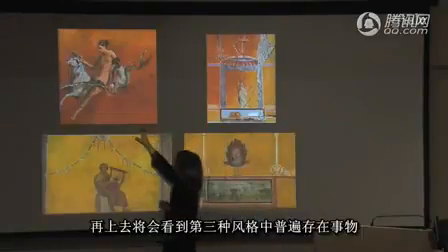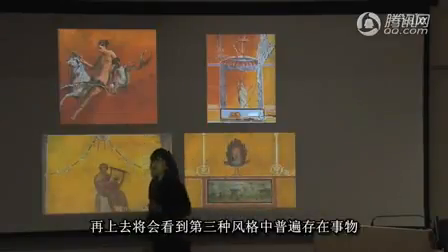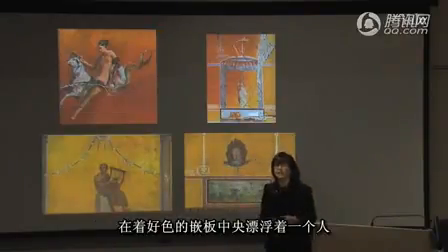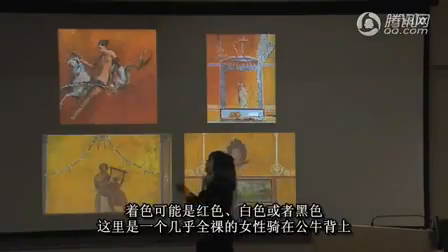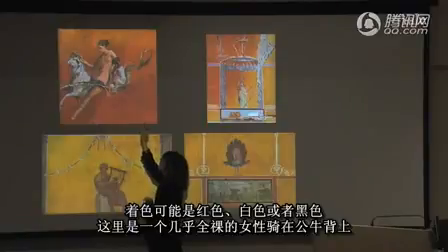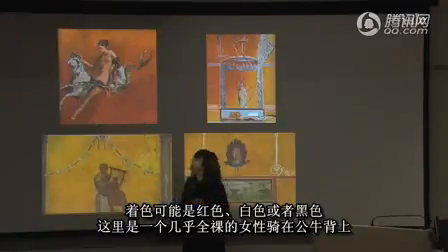And then up here, something that we're going to see becomes ubiquitous in third style Roman wall painting, a figure that floats in the center of a colored panel, either red or black or white. In this case, a mostly nude female figure who is riding, as you can see, on the back of a bull.